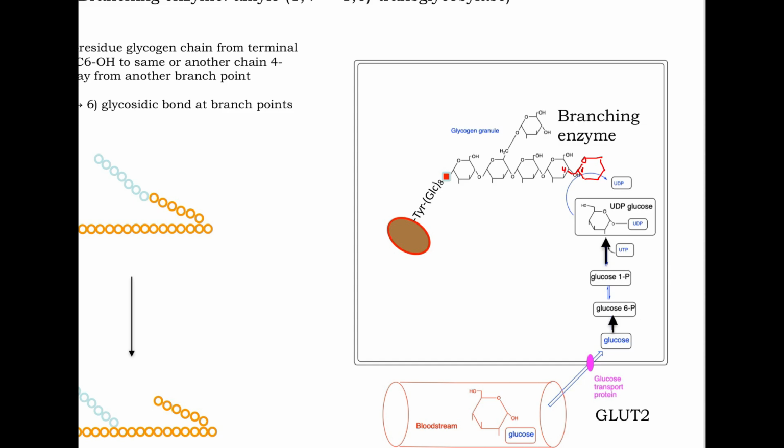Carbon 1 gets attached to carbon 4 by an alpha-1,4 glycosidic linkage, and that will cause the formation of a new carbon 4 hydroxyl, which can repeat this process, react with another UDP glucose and add another glucose unit, another alpha-1,4, and so on. So the glycogen chain can be extended by adding more and more glucose to every branch.